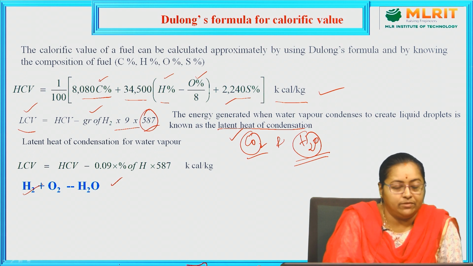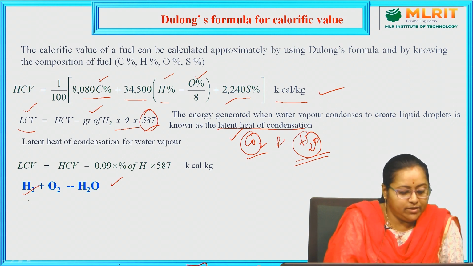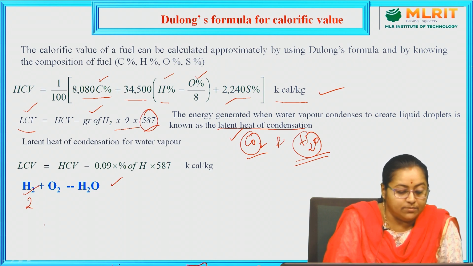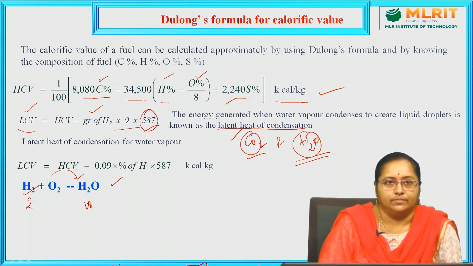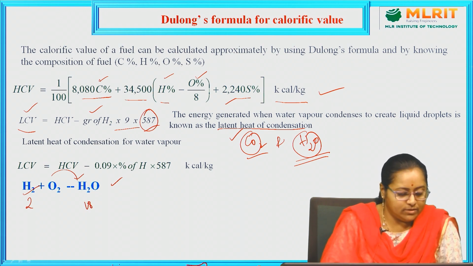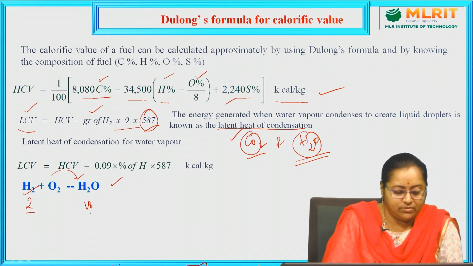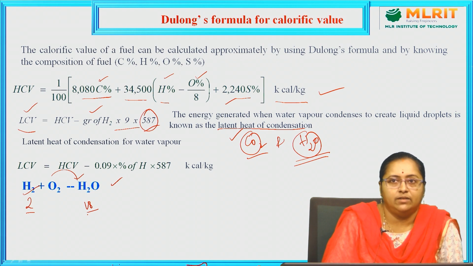Coming to the case of hydrogen, here we consider 2 moles of hydrogen. If 2 moles of hydrogen are subjected to combustion, they generate 18 moles of water, H2O.